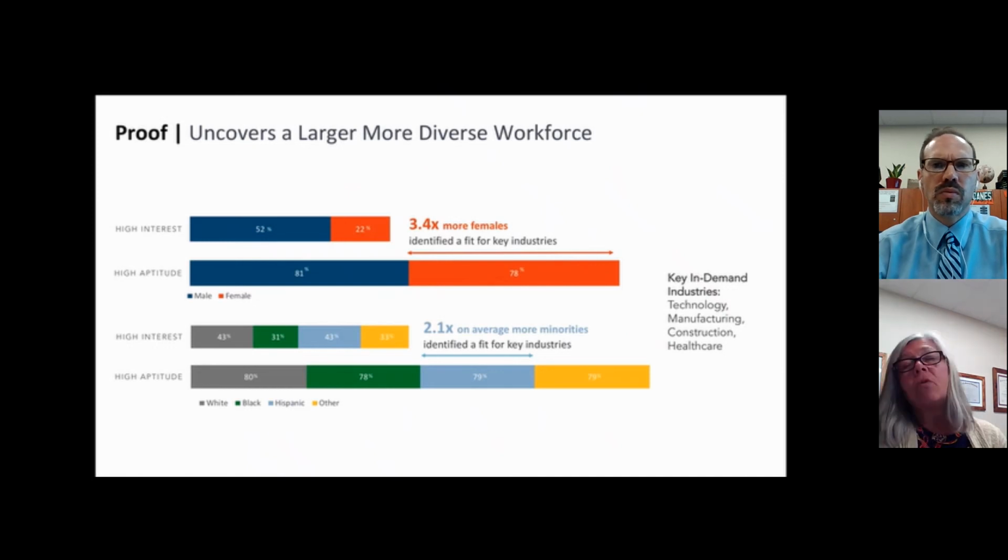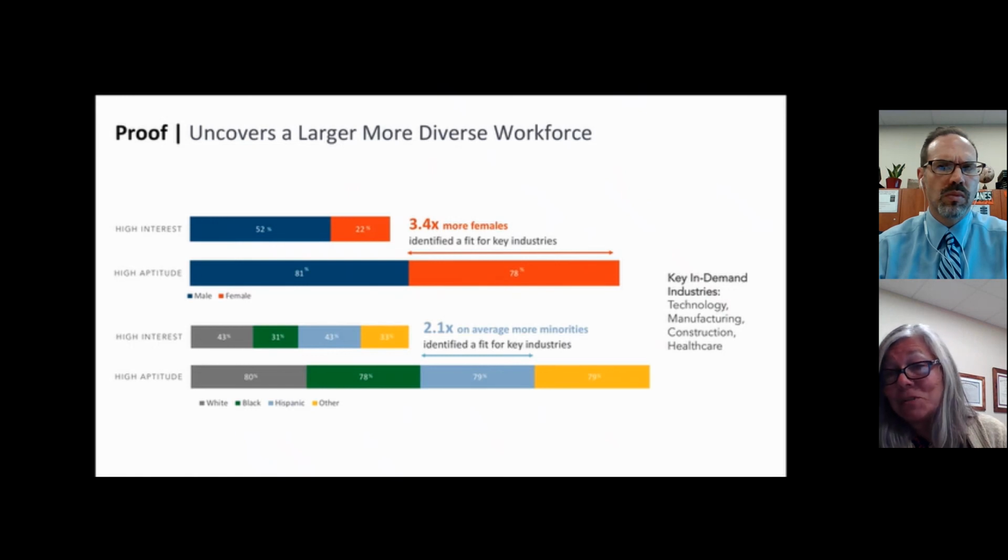Same thing goes for different ethnicities. High interest for these careers in manufacturing, construction, healthcare, technology. 43% of white males were interested. 32% of Blacks were interested. 43% of Hispanics were interested, and 33% of others were interested.